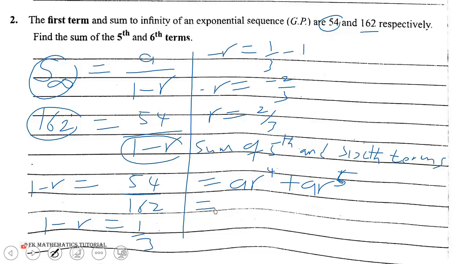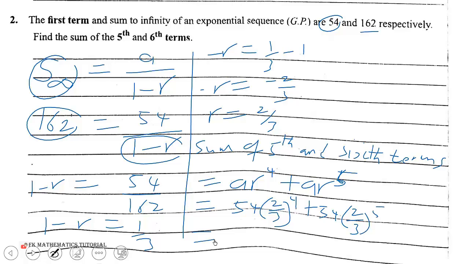So that will give you a, which is 54, times 2 over 3 exponent 4, plus 54 times 2 over 3 exponent 5.